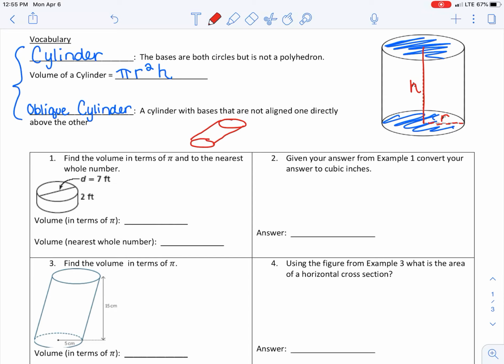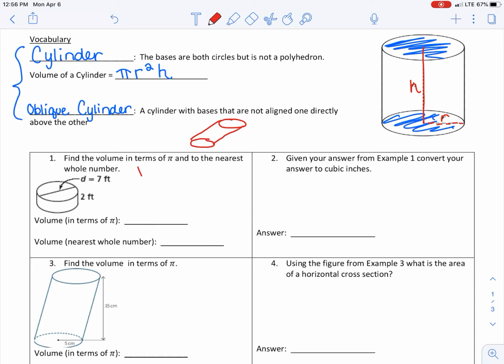Let's move on then to example 1 so we can actually put this vocabulary and this formula into use. It says, find the volume in terms of pi and to the nearest whole number. If we want to find it in terms of pi, that just means that we're leaving pi in our answer. So let's look.